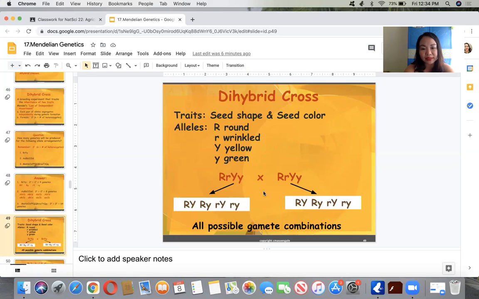These are all the possible gamete combinations using the Punnett square: both dominant R and Y, then the combination of the heterozygotes, dominant R and recessive y, recessive r and dominant Y, and recessive r and y. And for this combination, you will have the same.